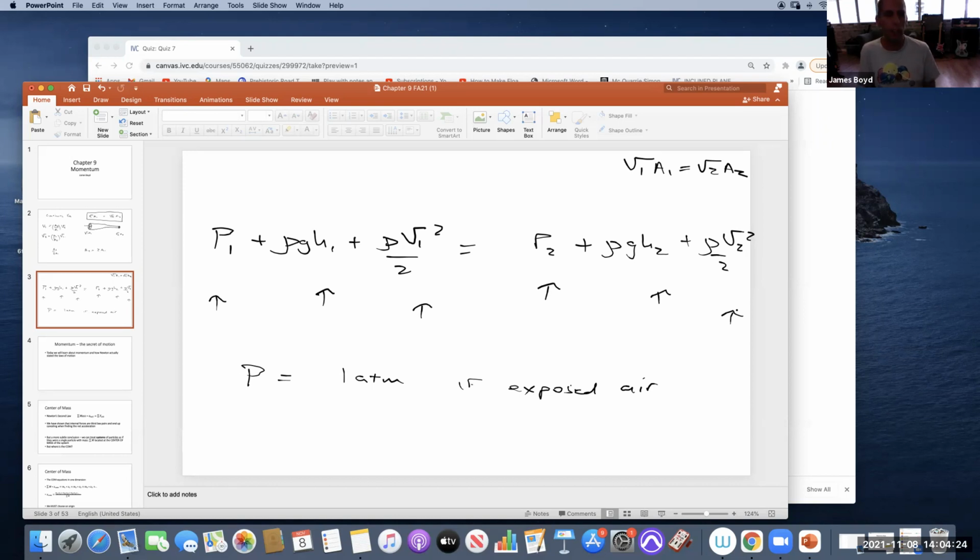The last thing I should say is that this is occasionally written as delta P, which would be P2 minus P1. So if I move that over, that would be equal to rho g (h1 minus h2) plus rho (v1 squared minus v2 squared). So there's a little bit that you can do here.